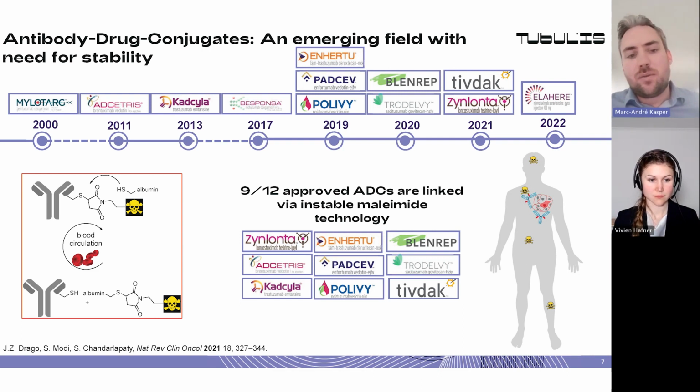And this leads to a loss of the cytotoxin or of the chemotherapy in the patient while circulating. So the actual picture that we have looks more like this, where some of the cytotoxin gets transferred to the tumor by current ADCs, but not all of it. And this, of course, leads to less efficacy than we could expect. And it can also, of course, lead to off-target toxicity.